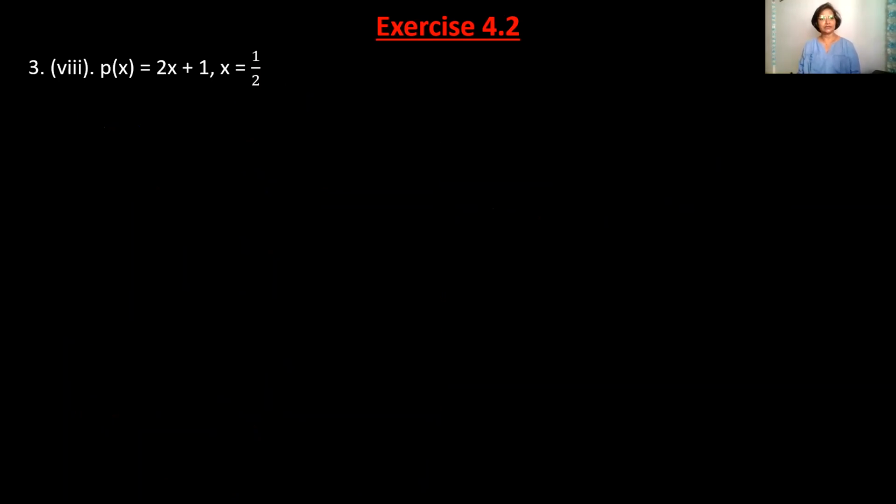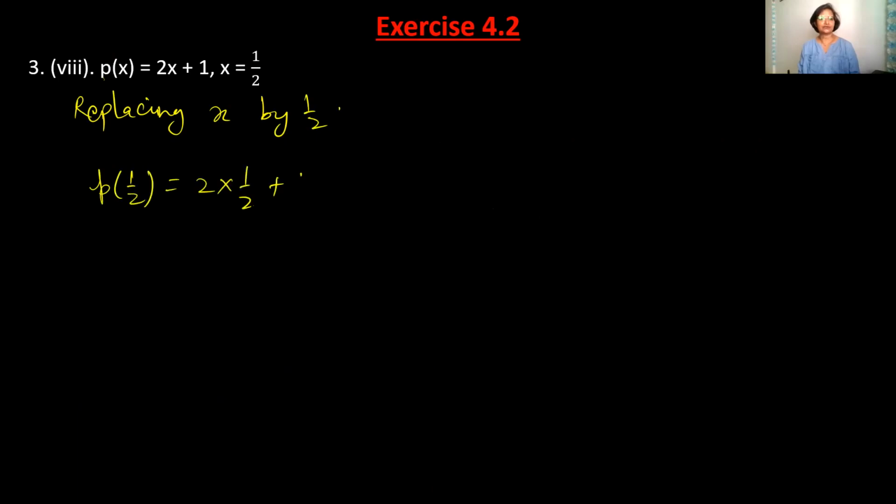So now the next part is P(x) equals 2x plus 1 and x equals 1 by 2. So this time we have to replace x by 1 by 2. So P(1 by 2) will be 2 into 1 by 2 plus 1.